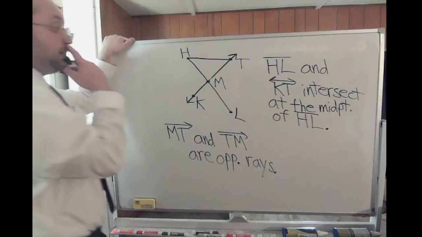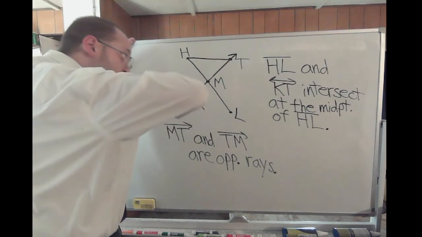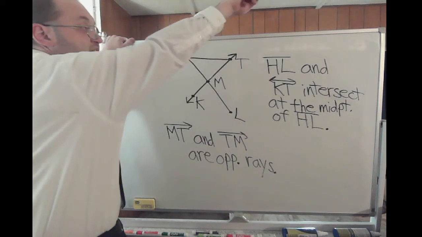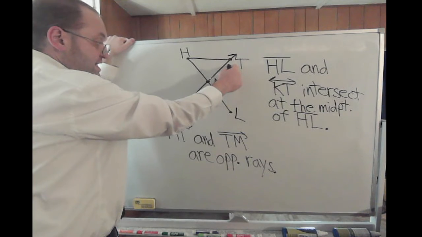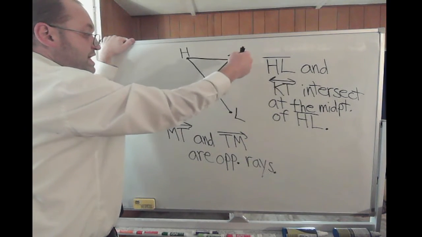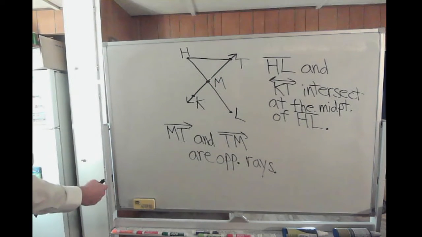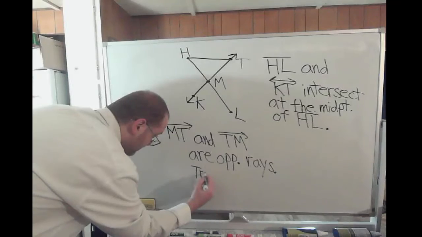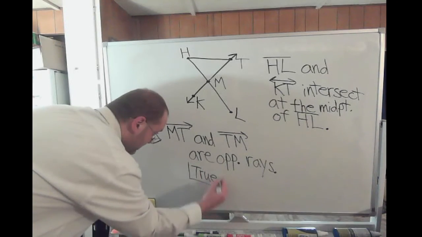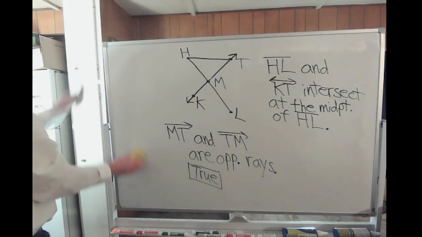Well, I'm going to say yes, because MT starts at M and keeps going past T all the way up into the sky infinitely. And then TM starts at T and keeps going down all the way past M, down into the ground. So this would also be a true statement. These are opposite rays. So yes, it's true. Rays MT and TM are opposite rays.